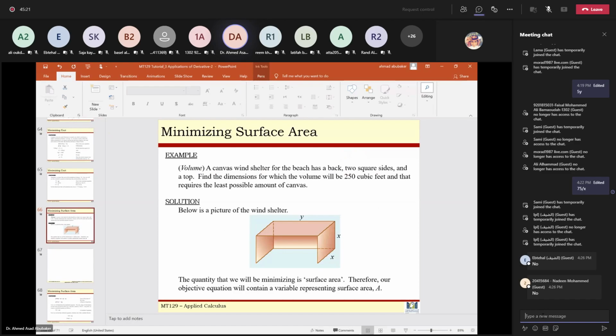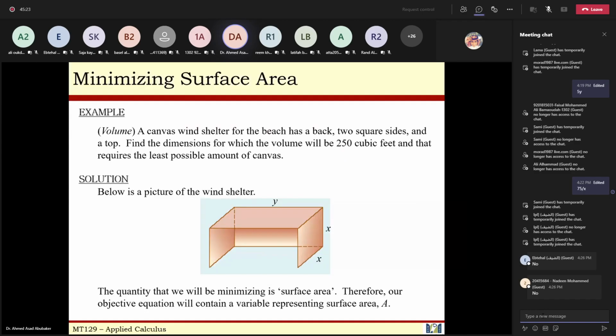The last optimization problem here: a canvas wind shelter for the beach has a back. So the canvas has a back, 2 square sides.